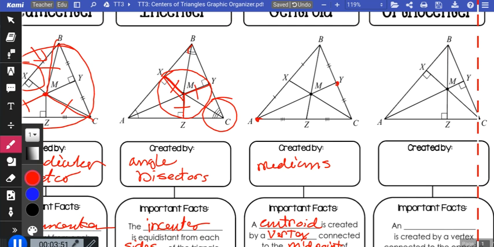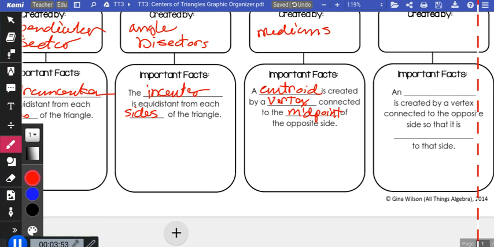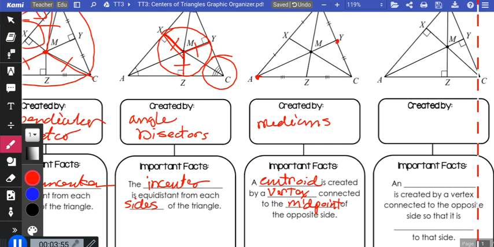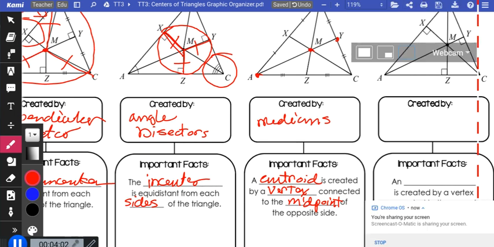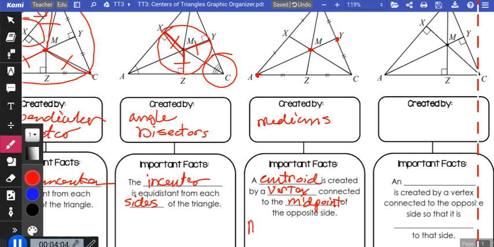The fun thing about medians, which is not on here, is these are split into 1/3, 2/3. So AM is 2/3 of the whole distance, and MY is 1/3 of AY.